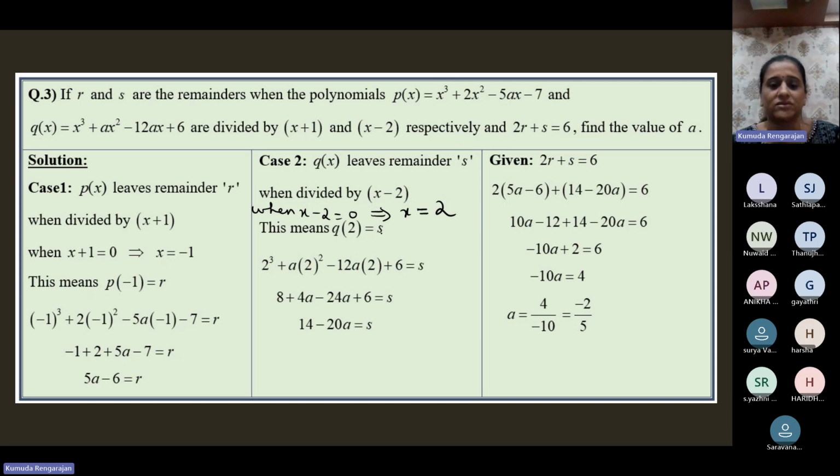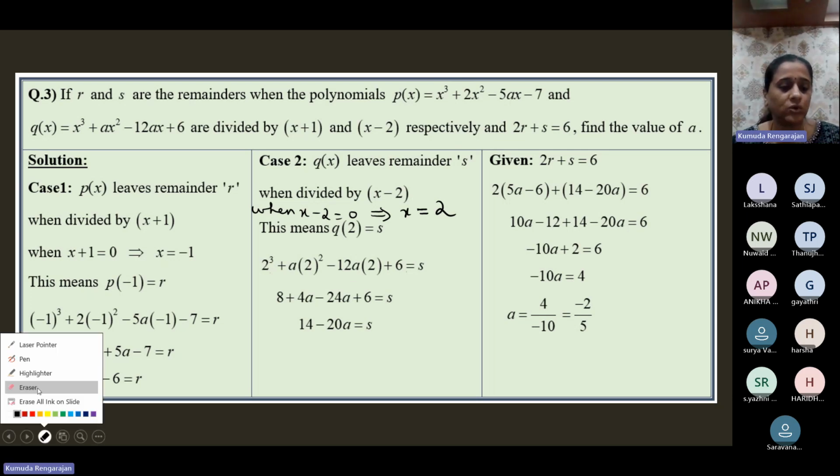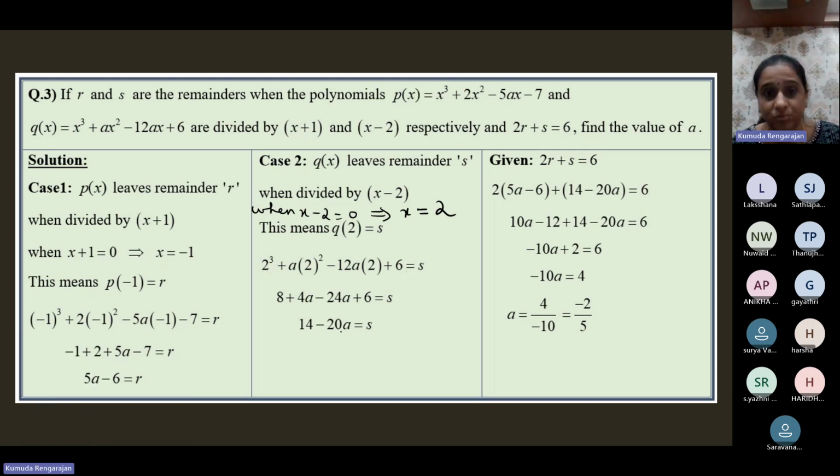And what is the remainder? S. So now work Q of 2. In Q of x, wherever there is x, use 2, is equal to S. And on working this, you get another equation, or you are able to find the expression for S. S is equal to 14 minus 20a.